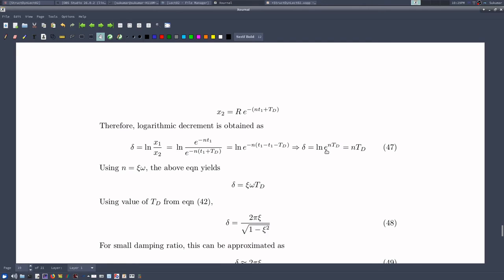Natural logarithm of e to the power n td will be the power itself, so n times td, and we already have n equal to j into omega, therefore delta is j omega into td. So this is another important equation. All right, this is another important equation, and similarly this is also another important.